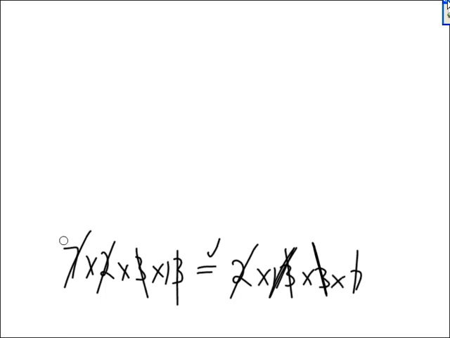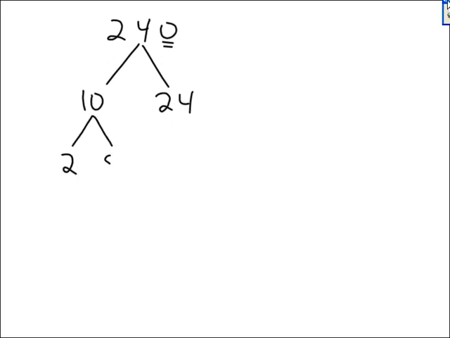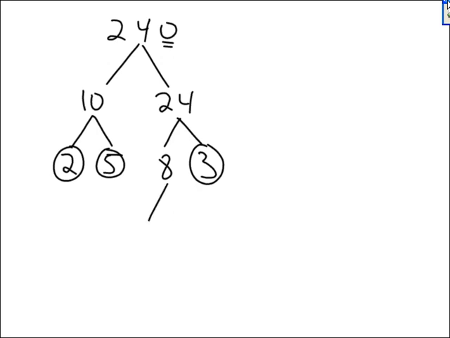So, what if you have 240? What's the prime factorization of 240? Whenever I see a number that ends in 0, I jump on 10. 10 times 24. 10 is 2 times 5, and the 2 and the 5 are prime. 24 is not. 24 is 8 times 3. 3 is prime, but 8 is not. 8 is 4 times 2.